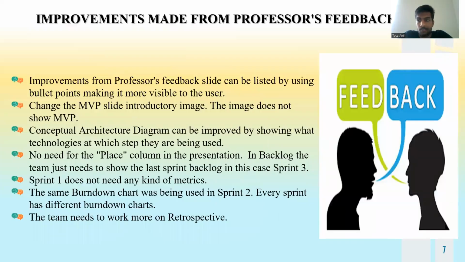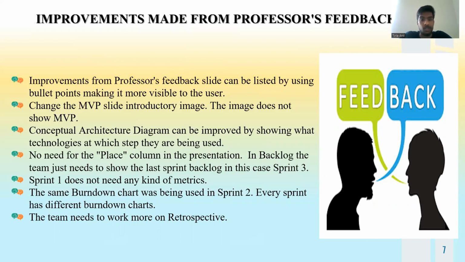These are the feedbacks we got from the professor in the last sprint, and we have created new versions addressing all of them. We created the MVP slides differently, and we changed the architecture diagram and the MVP slide one.